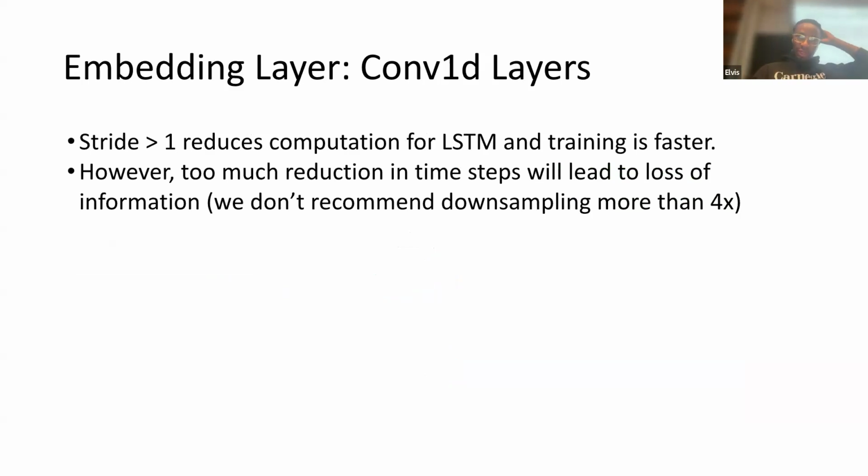Having a stride greater than 1 reduces your computation for LSTM, because when you're striding, you are scanning over the sequence. When you skip a number of time steps before scanning the next one, you obviously have fewer scans to do. So if you have a whole sequence to scan through and your stride is greater than 1, you skip many time steps before scanning the next time step.